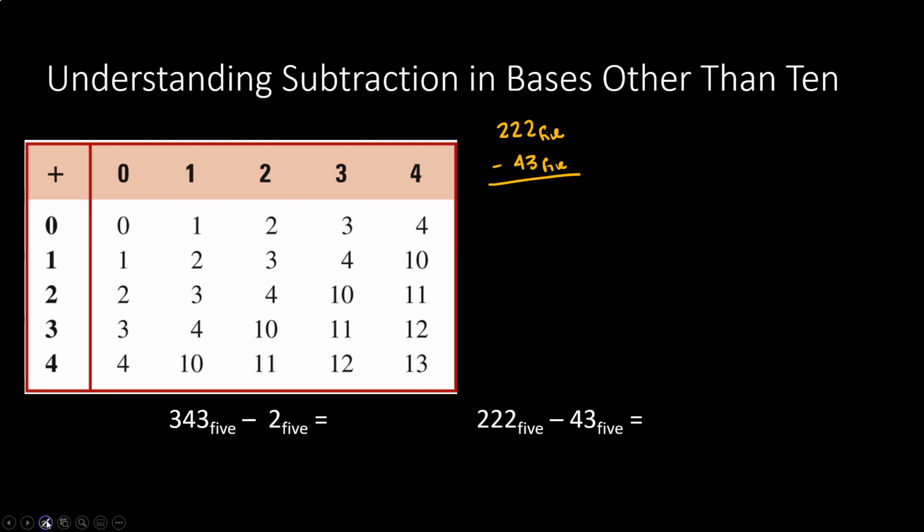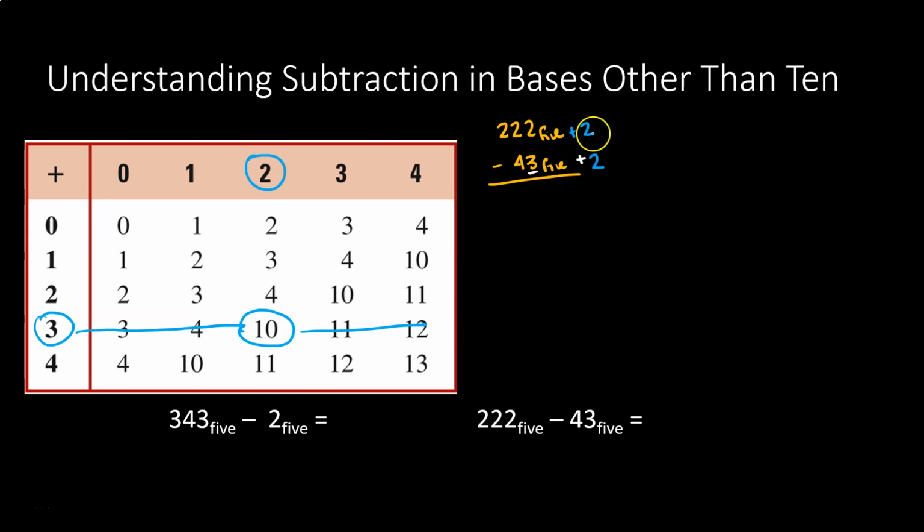So the first step would be we need to find a number that when we add it to our 4, 3 number, it puts a 0 in the ones place. So looking at the 3 in the ones place, I need to pick a number that when I add it to 3, it will give me a 0. So here's my 3 column. The only choice I have is 3 plus 2.